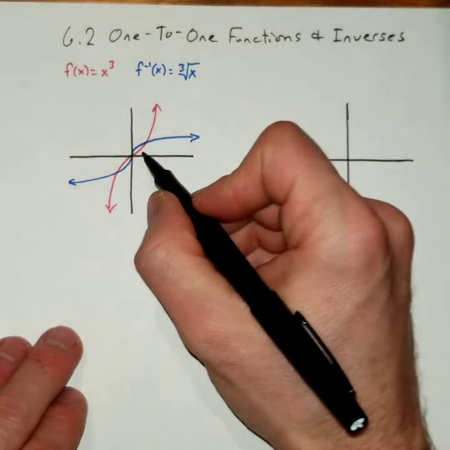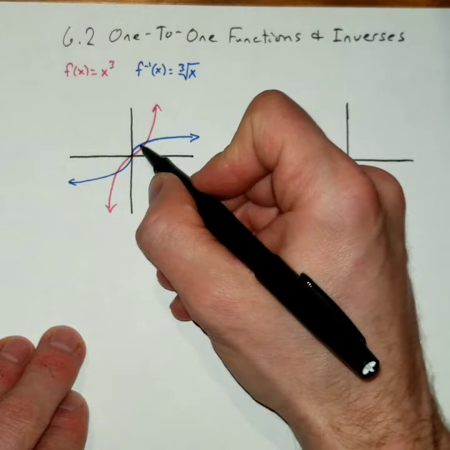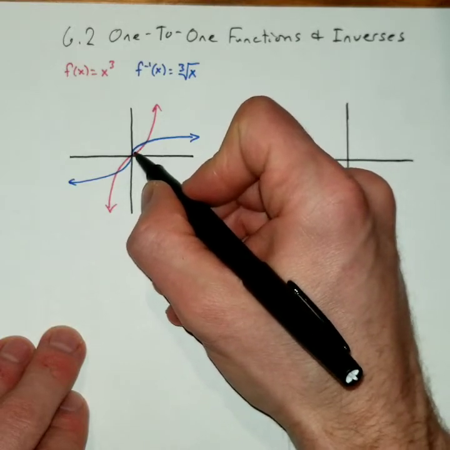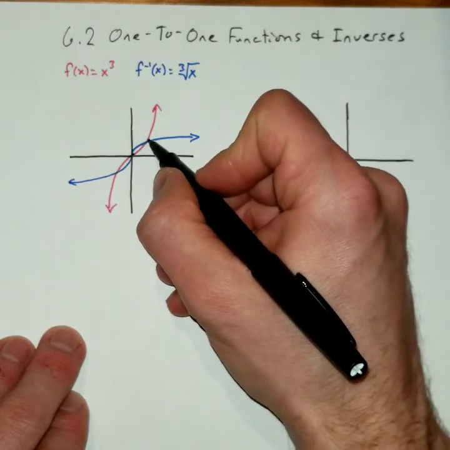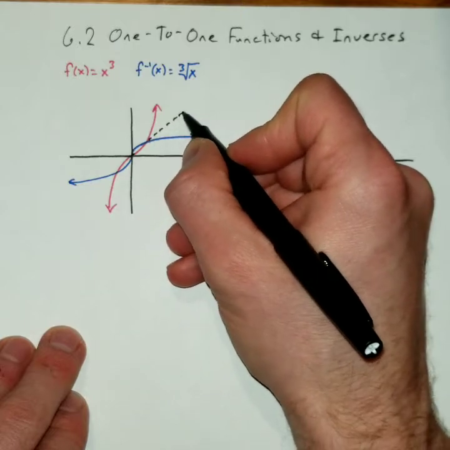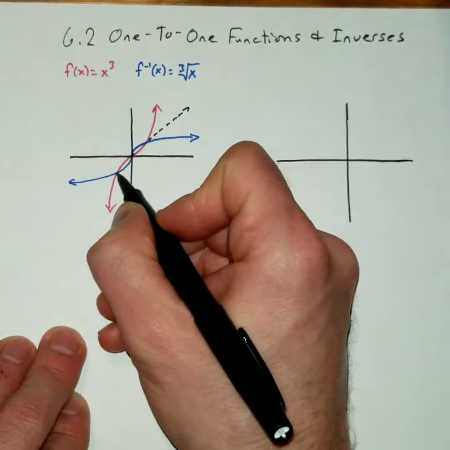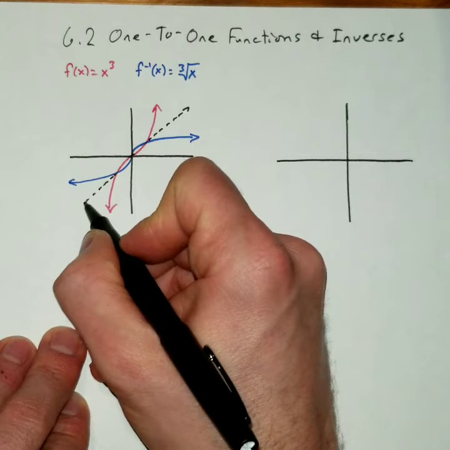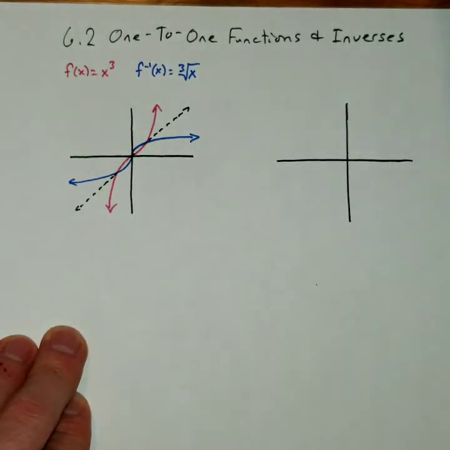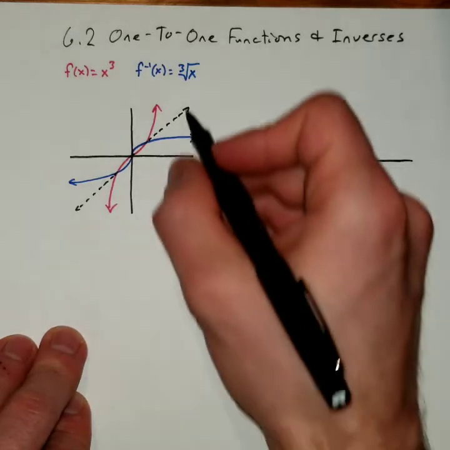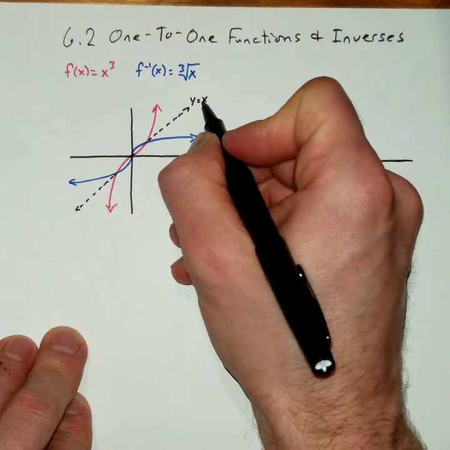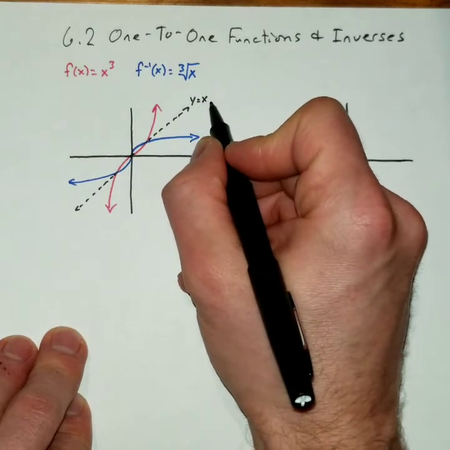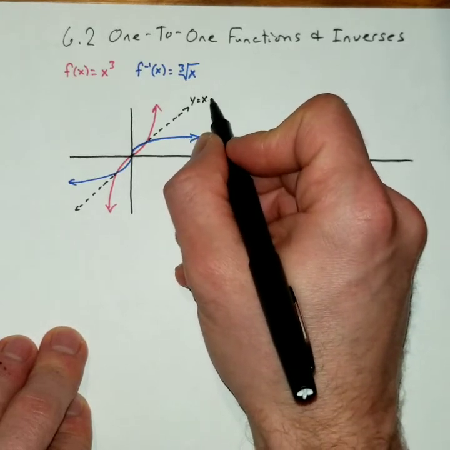If you drew a diagonal line from the origin, kind of going through the intersection point there, you can kind of see the reflection across that line y equals x, right? Y equals x, of course, is a line with a slope of 1 and a y-intercept of 0.